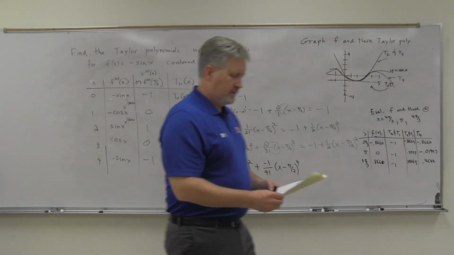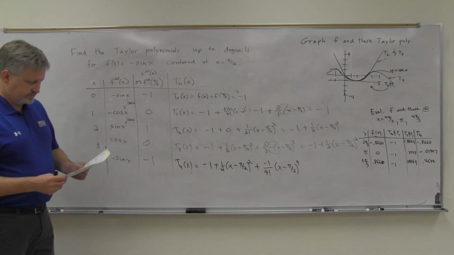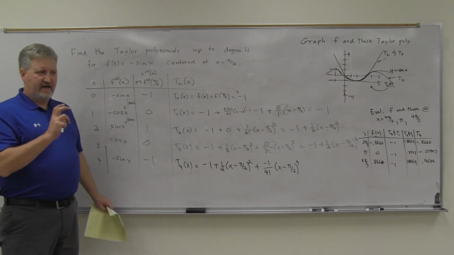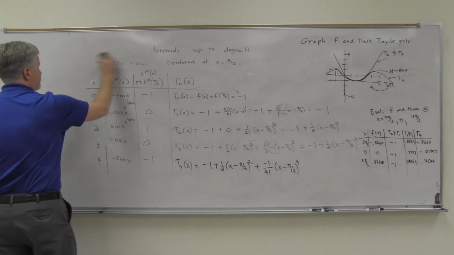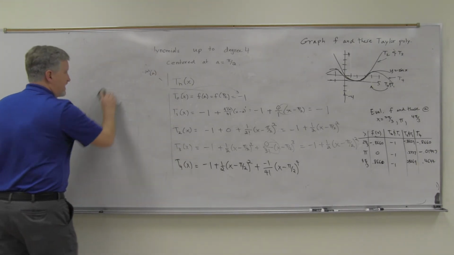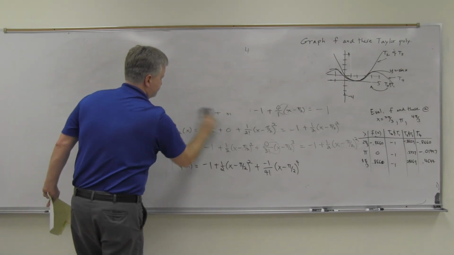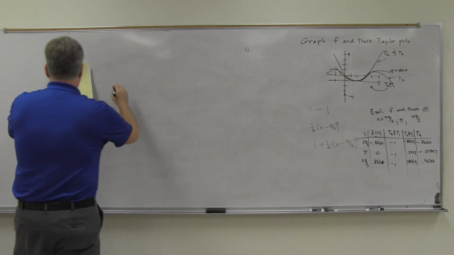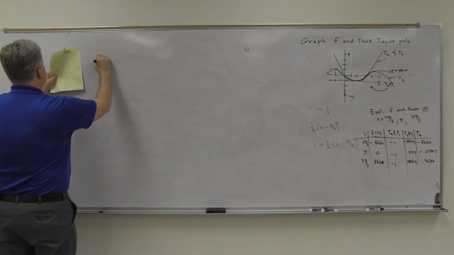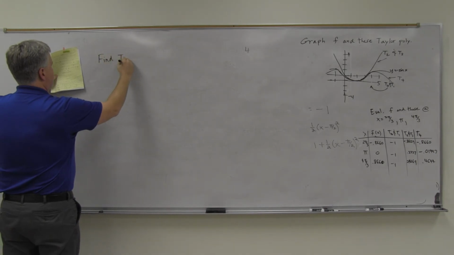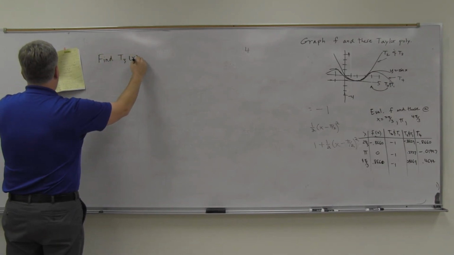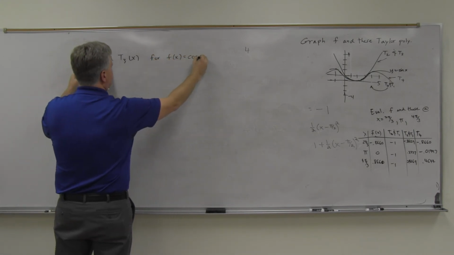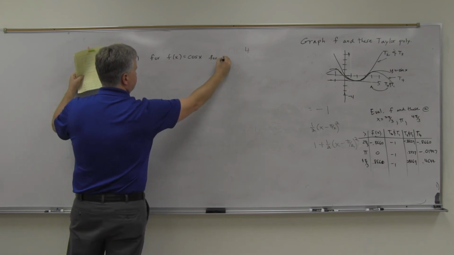The last thing I was going to mention before I let you turn off here is kind of a technicality, but let me just show you this. If I say find T3(x) for cosine, f of x equals cosine x for a equals 0.